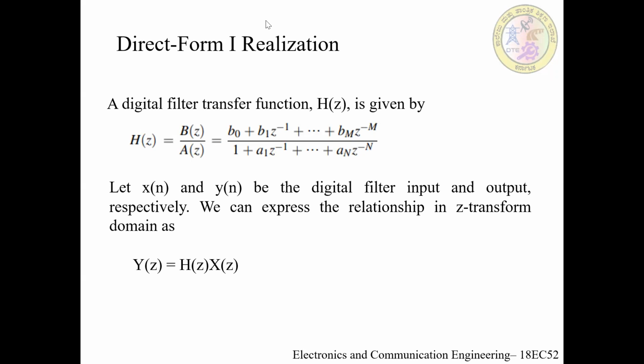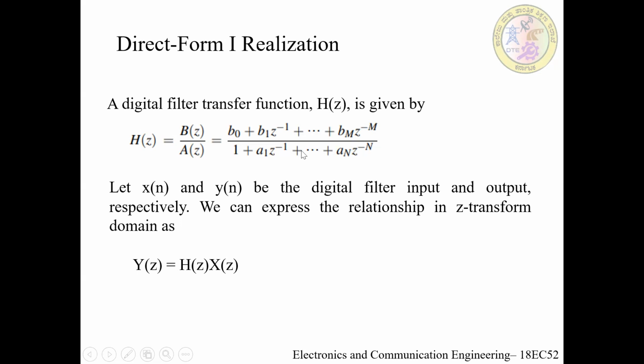So to begin with direct form 1 realization, we have to have the transfer function of the IIR filter. IIR filters are nothing but infinite impulse response filters. They are recursive in nature because the IIR filters have feedback in their structure.